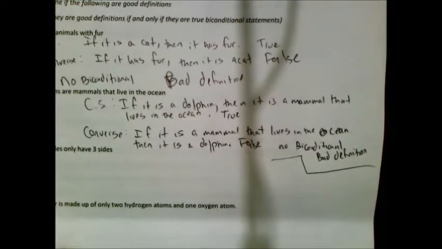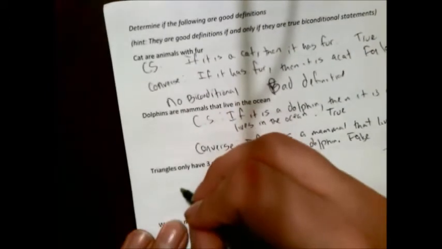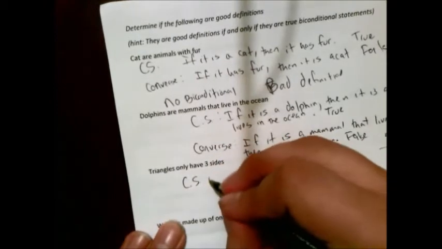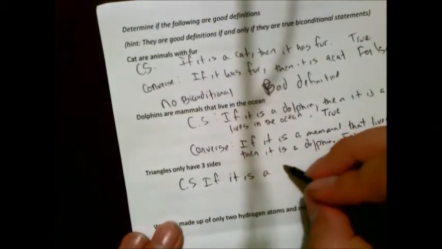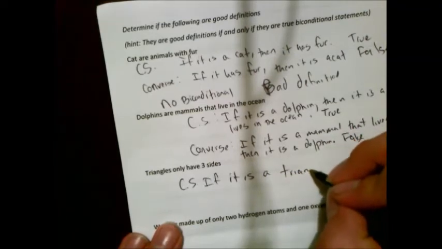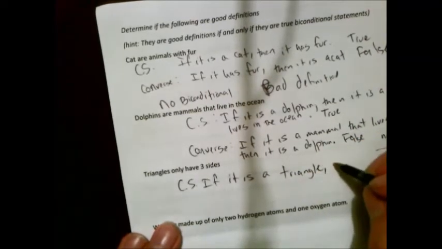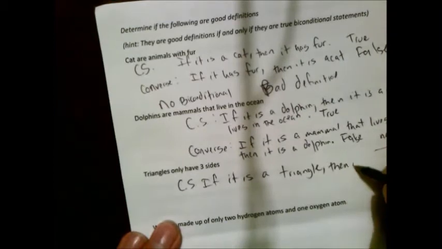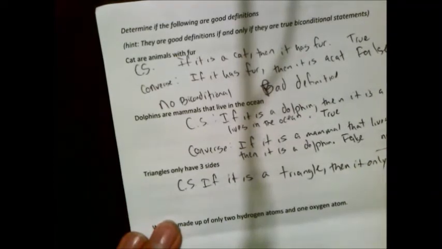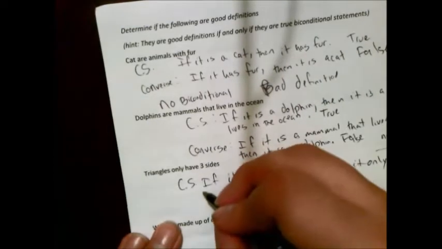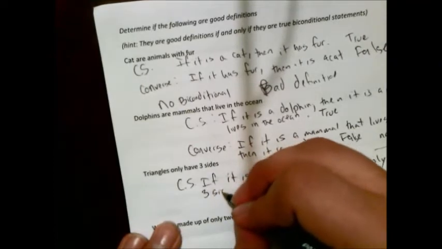Triangles only have 3 sides. Conditional statement, if it is a triangle, then it only has 3 sides. That's true.